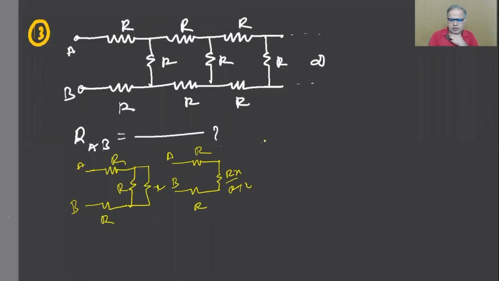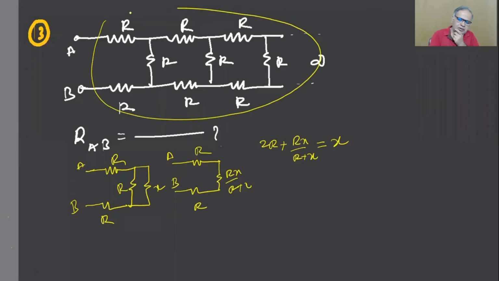So R plus R, 2R plus Rx by R plus X should be equal to X again. X is the equivalent resistance, the total resistance between A and B. So even after cutting one, since it is looking like the same old one, we are calling this also as X. That is the idea.